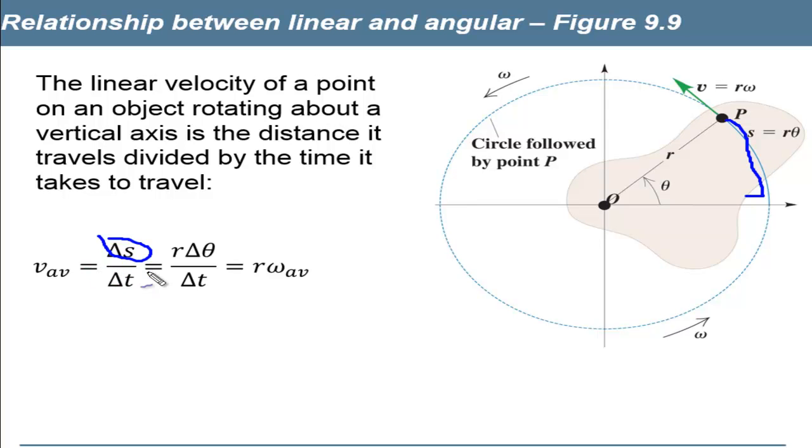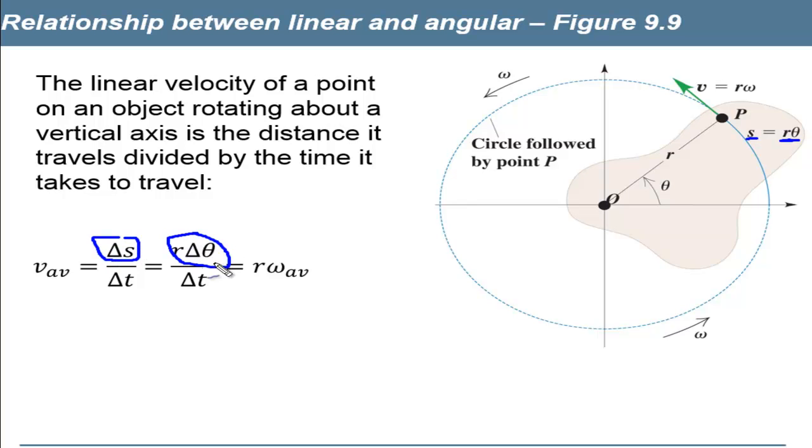But now we go back to our definition of a radian, and this is very important: we always use radians for our angle measures, because that's where all of our equations come from. We define the length something travels, s, as equal to the radius times the angle measured in radians. So I can replace delta s with r delta theta.